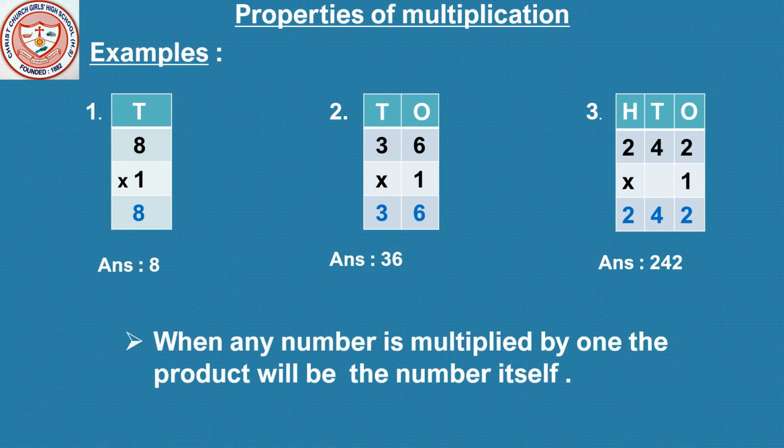And 242 multiplied by 1, we got the answer 242. The number itself. So, when any number is multiplied by 1, the product will be the number itself.